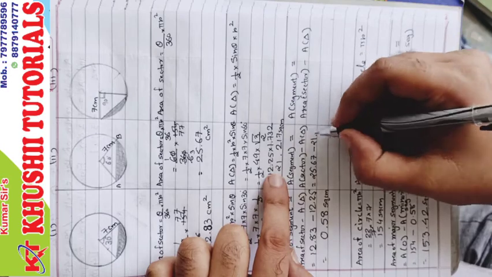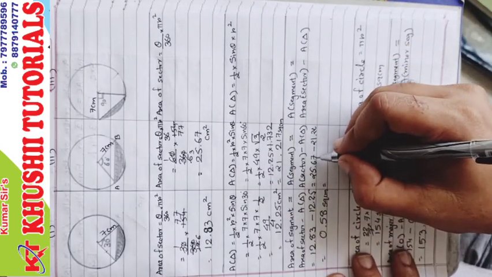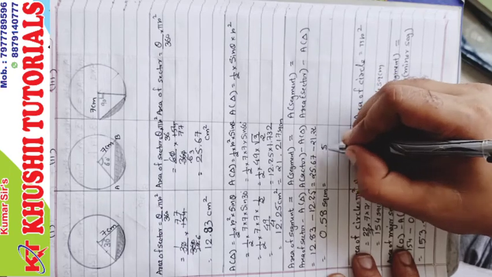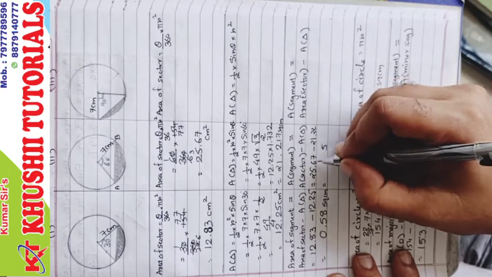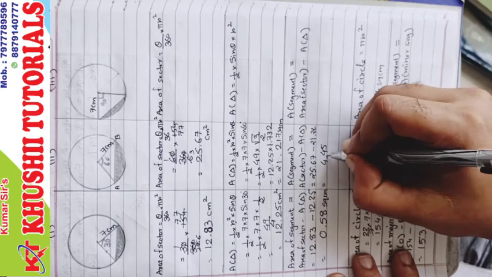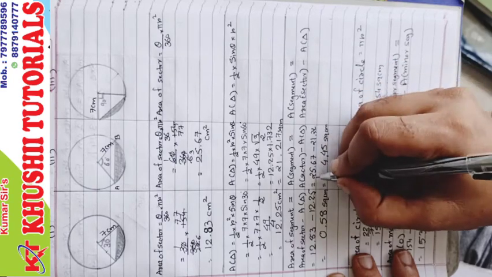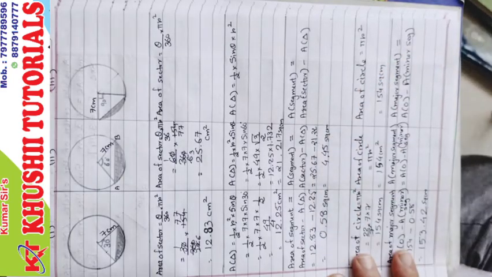So 21.22. So now first 7 minus 2, 5. 6 minus 2, 4. 5 minus 1, 4. So 4.45 square centimeter, because 2 minus 2 is 0.